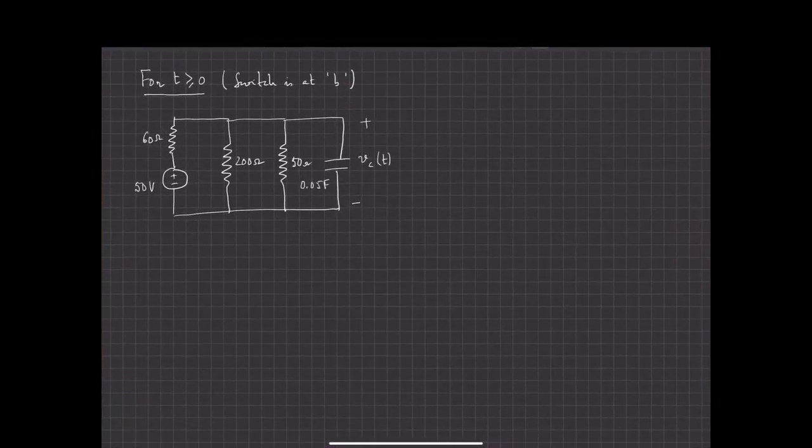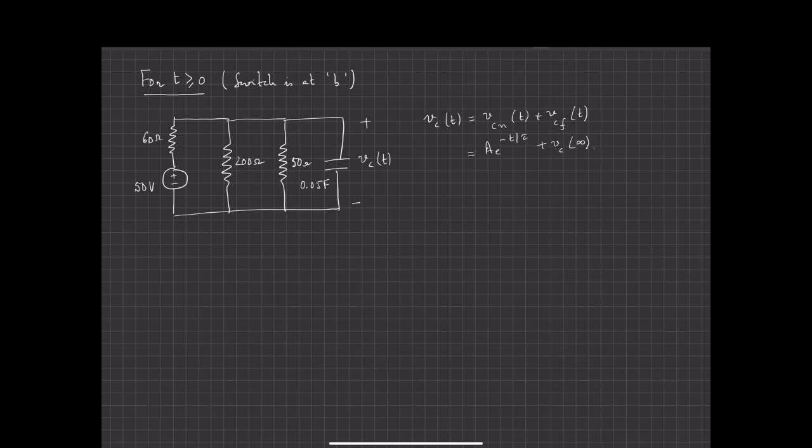I can immediately write down that the solution Vc of t is some Vc natural of t plus Vc forced of t, and this I know has to be of the form A e to the power of minus t over tau plus Vc at infinity.